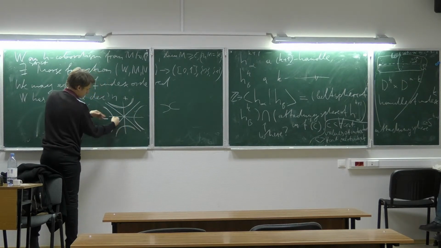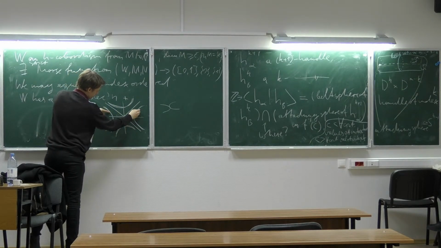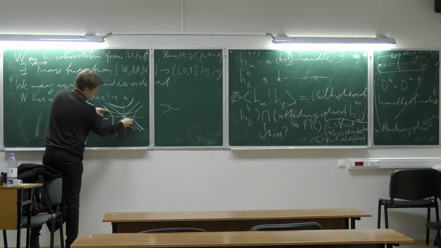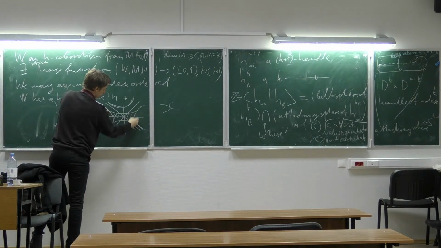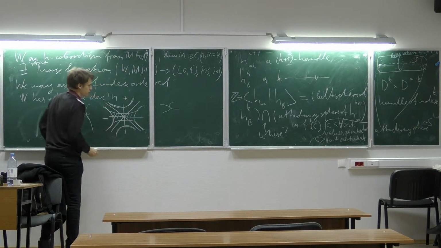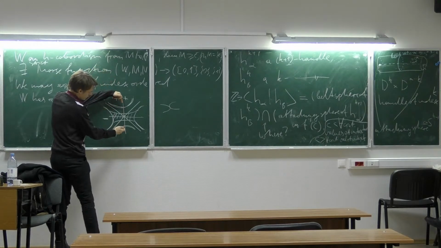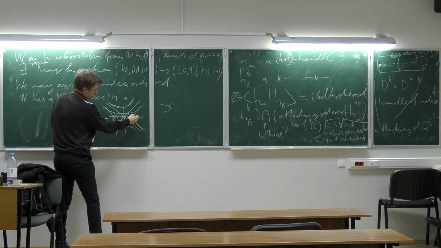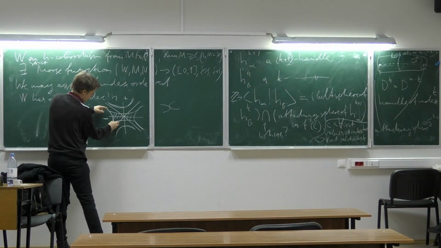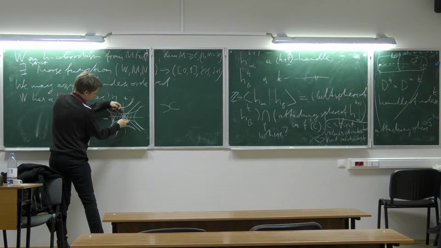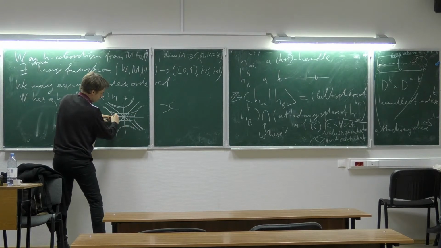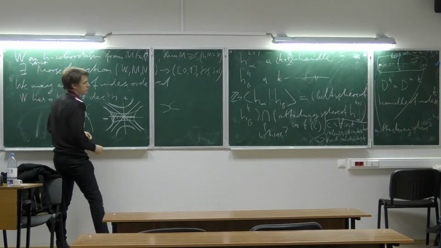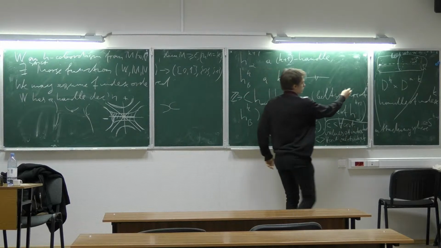And the attaching handle corresponds to taking this stripe that connects this piece and this piece, so these two negative pieces. You see that this sphere corresponds to the belt sphere and the attaching sphere, and this is just the parallel sphere that is horizontal.